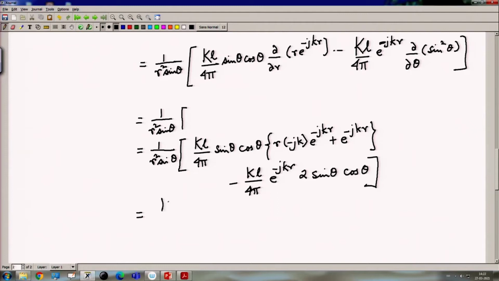And that will be equal to k L by 4 pi e to the power minus j k r, times minus j k r by r square plus 1 by r square minus 2 by r square, times cos theta.